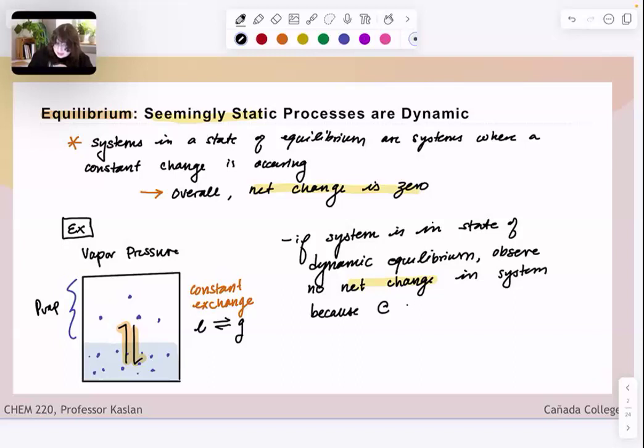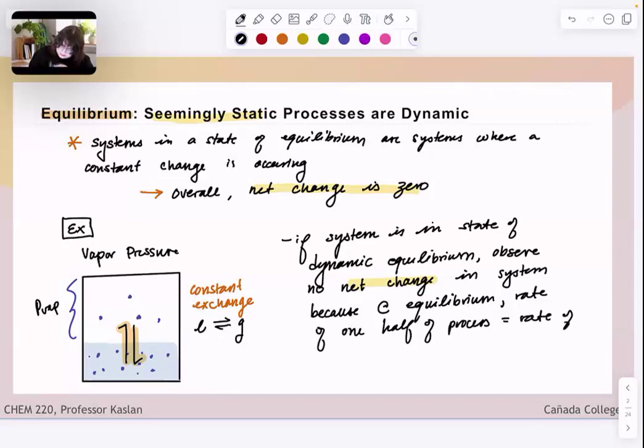because at equilibrium, the rate of one process, or I should say one half of the process, is equal to the rate of the other half.